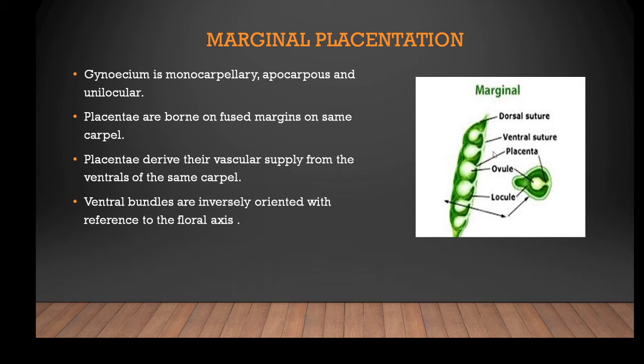The ventral bundles are inversely oriented with reference to the floral axis and lie almost on the same radii as the dorsals. This type of placentation can be clearly distinguished from the one met in pseudomonomerous gynoecia in the Poaceae family, where placentae are essentially parietal as they occur at the junction of two margins.